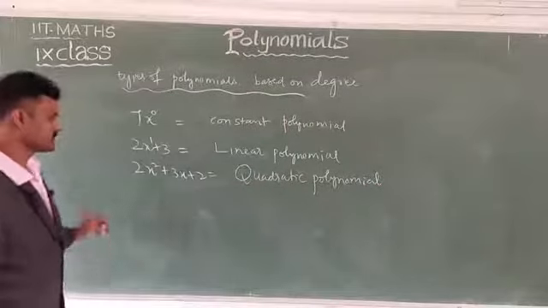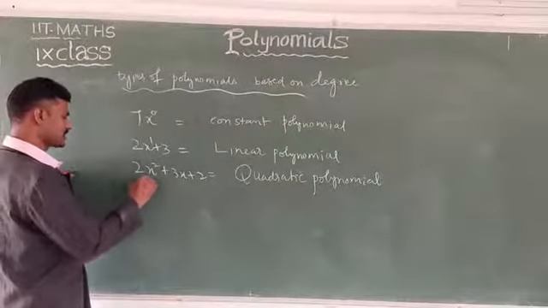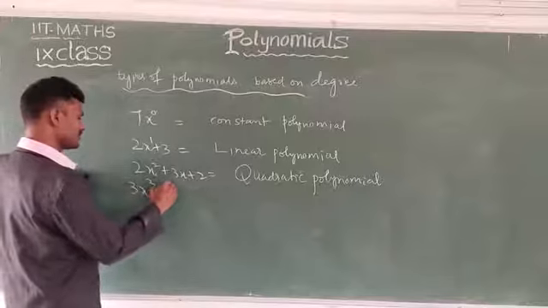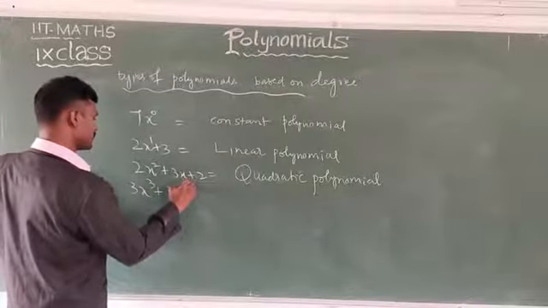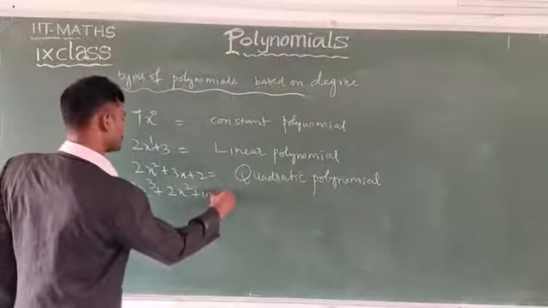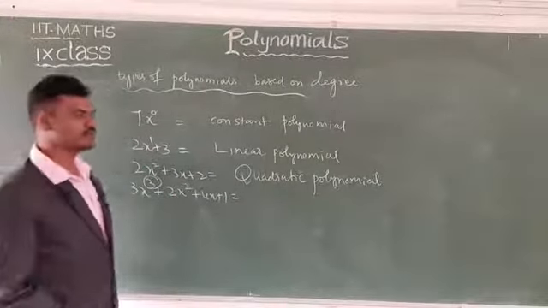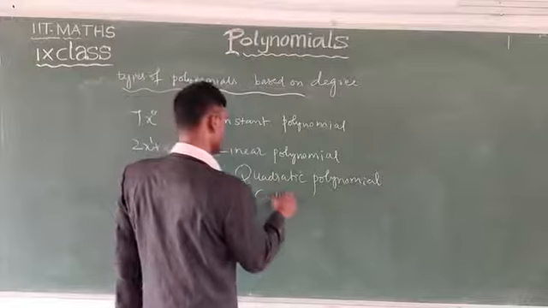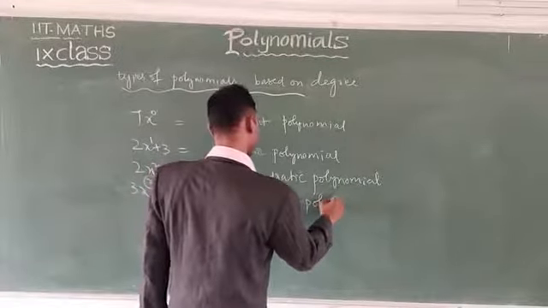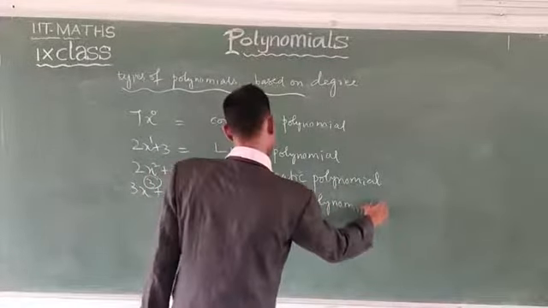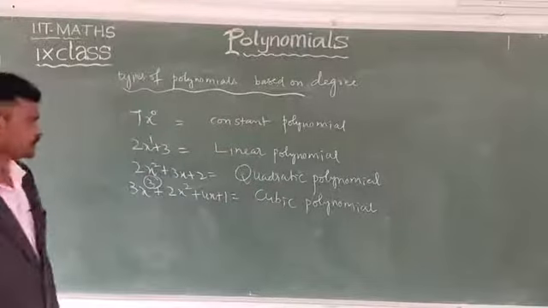So degree is 3. Degree 3 means here 3x cube plus 2x square plus 4x plus 1. Its degree is 3. This is called the cubic polynomial. Degree 3 means cubic polynomial.